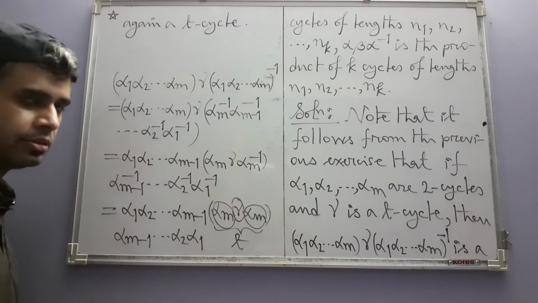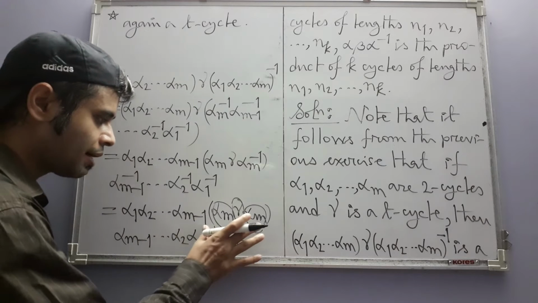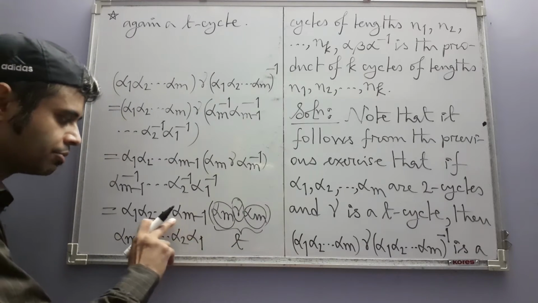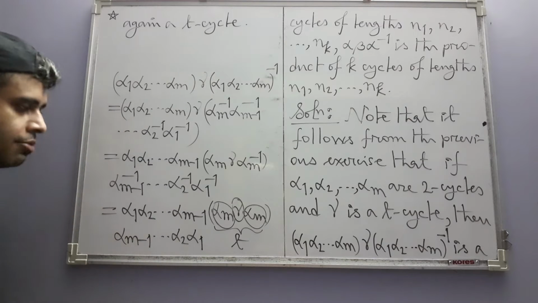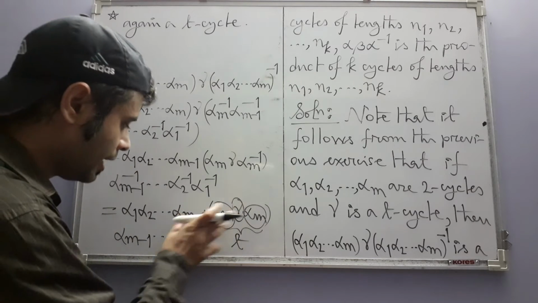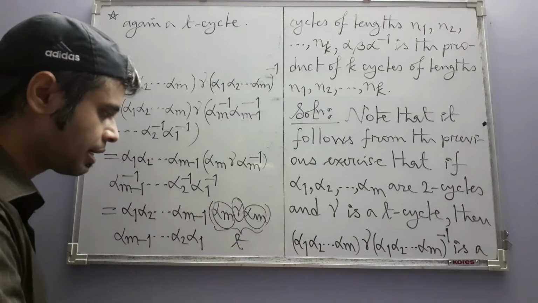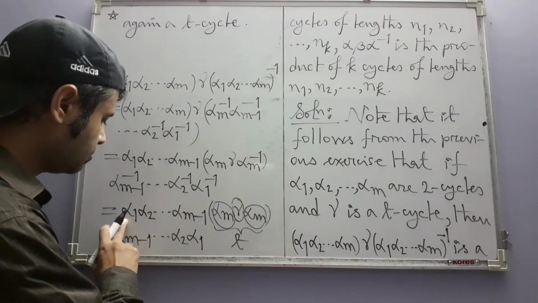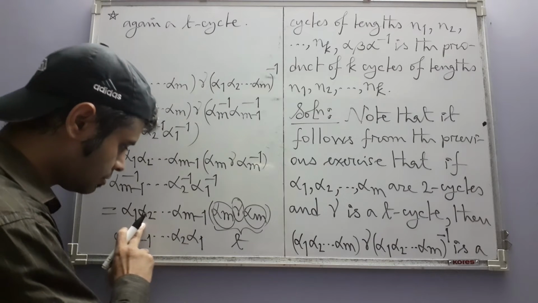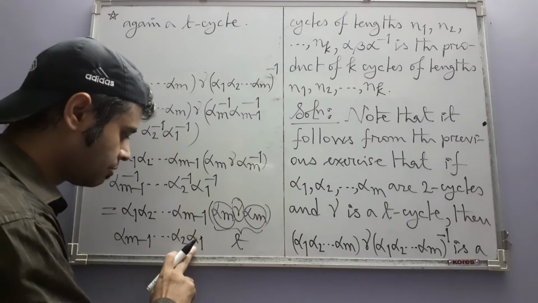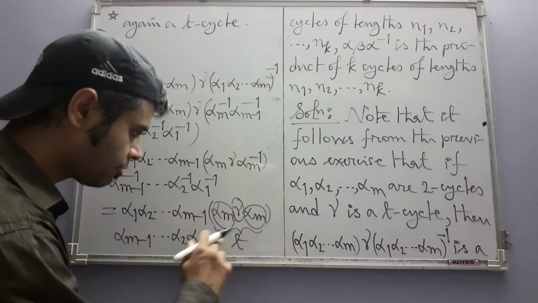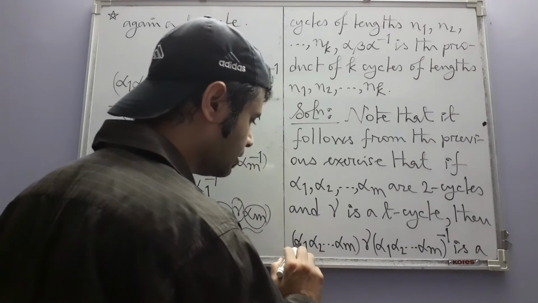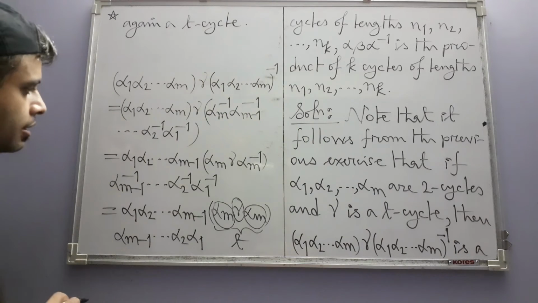And then you repeat this process, because then you have a T cycle in the middle, on both sides of which you have alpha m minus 1, alpha m minus 1. So that then will become a T cycle, and this process will continue. Eventually, when you reach alpha 1 times the T cycle followed by another alpha 1, that also becomes the T cycle. Okay, so that's how we are saying that this is a T cycle.